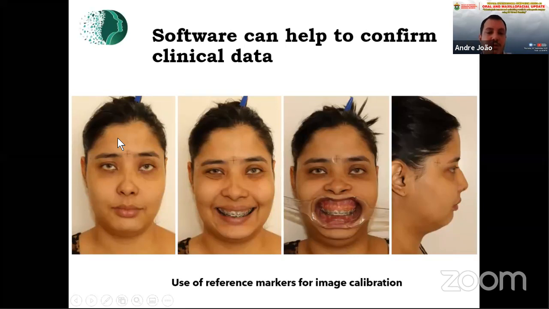Let's say you put 2 dots 2 centimeters apart, and you take the picture, open the software, and tell the software that the distance between these 2 dots is 2 centimeters. After doing that, you calibrate the image and you can take measures for whatever you want on this patient.